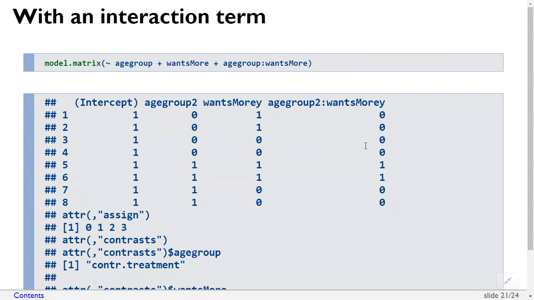So remember, these are original data, these are your x's. This row 5 is a person who is in age group 2 and who wants more children. And therefore, they will have the interaction between age group 2 and wanting more children contributing to their expected value.